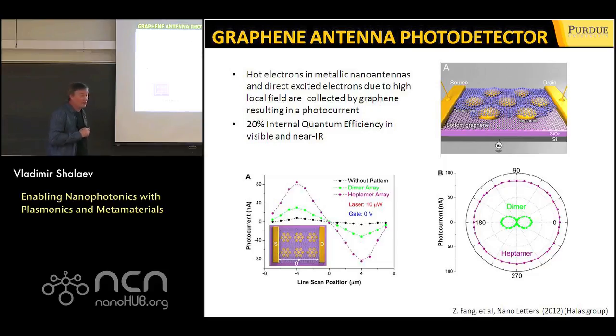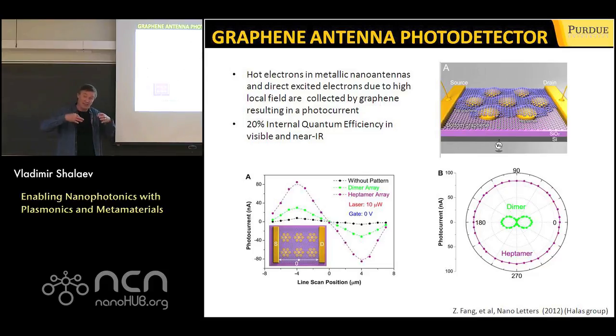But the role of these plasmonic antennas is that they enhance local fields, and therefore this creation of electron hole pairs becomes more efficient. Because in the vicinity of antennas, local fields are high, therefore you create electron hole pairs more efficiently. It's one thing, and another thing which is actually even more important, is that these plasmonic excitations in gold antennas could directly decay into electron excitation.